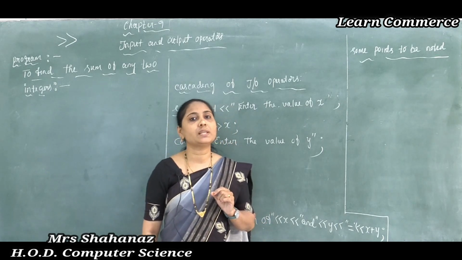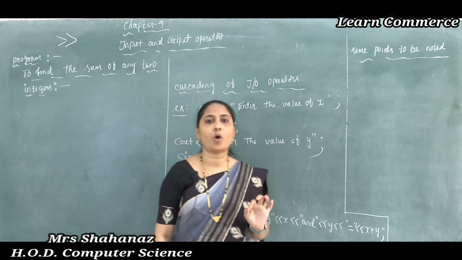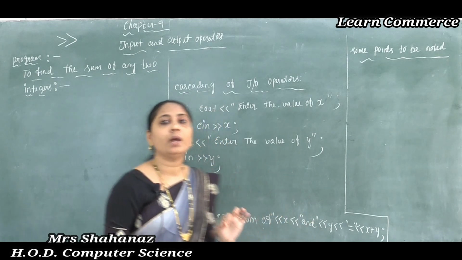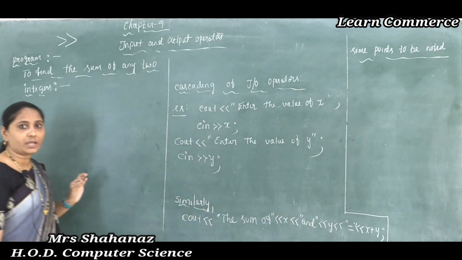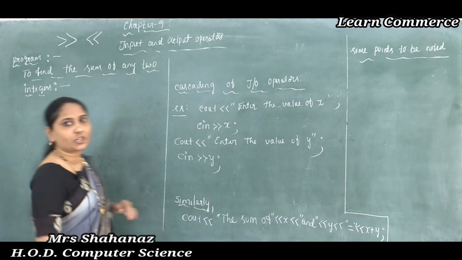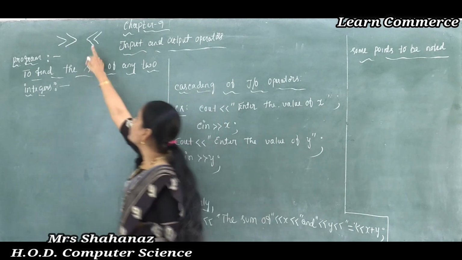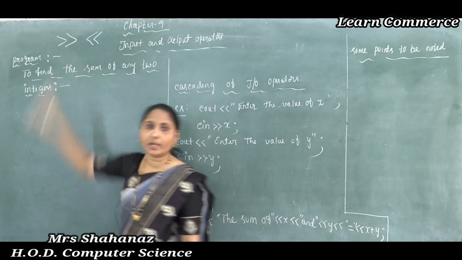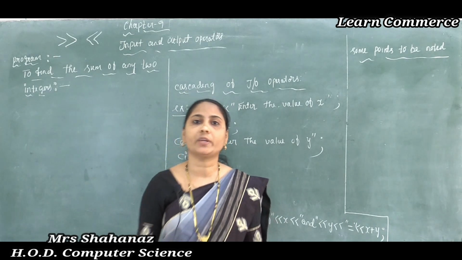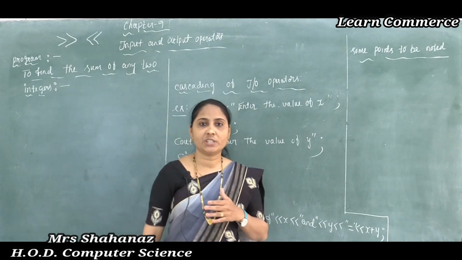The full form of cout is console output, and cout uses the stream insertion operator, or in simple words the two less than sign. We know all of this about input and output using the keyboard and the monitor.